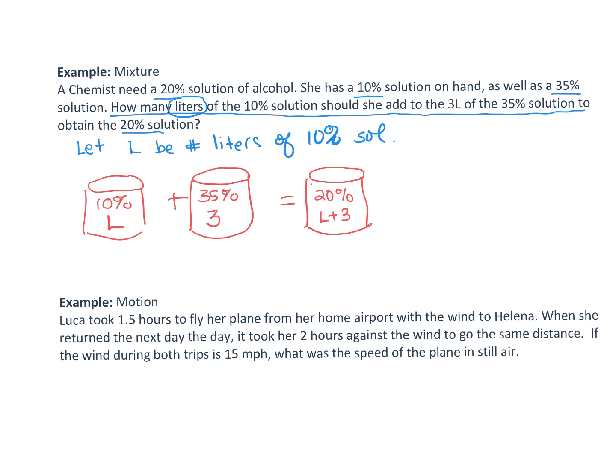And this really is our equation kind of staring us in the face. We know that 10% as a decimal is 0.10 times L plus 0.35 times 3 equals 0.2 times L plus 3. And from there, we'll solve.